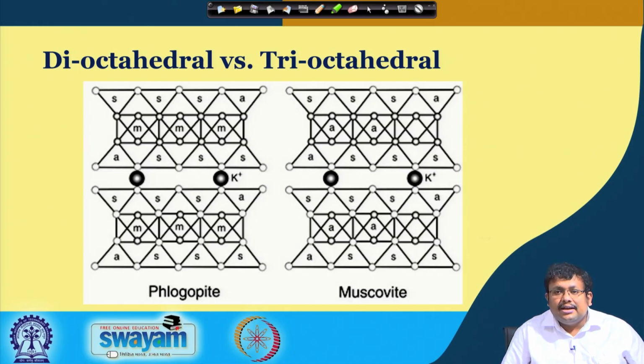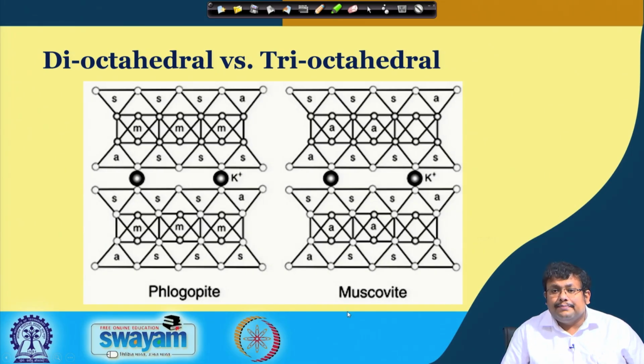Example is phlogopite. And remember one thing, that if there is a divalent cation present like magnesium, then it will give this trioctahedral structure. And if 2 out of these 3 octahedral positions are filled due to the presence of aluminum, that is Al3+, then we will see this is a dioctahedral structure. So, this is called a trioctahedral structure, this is a dioctahedral structure.